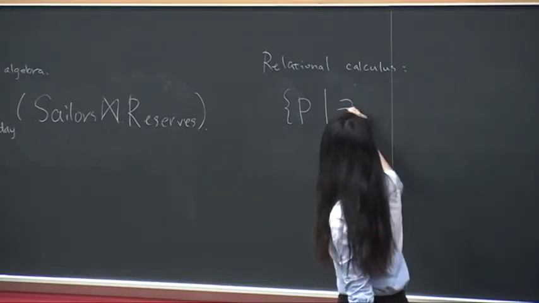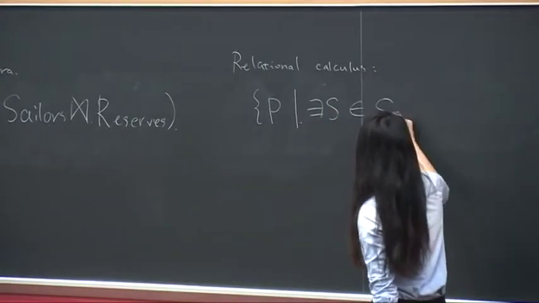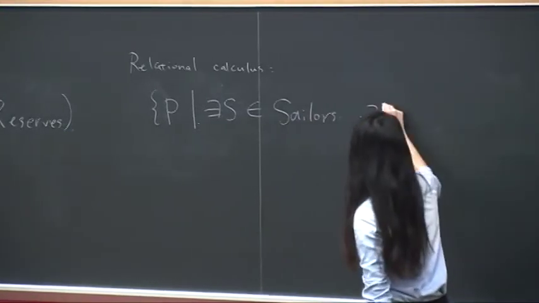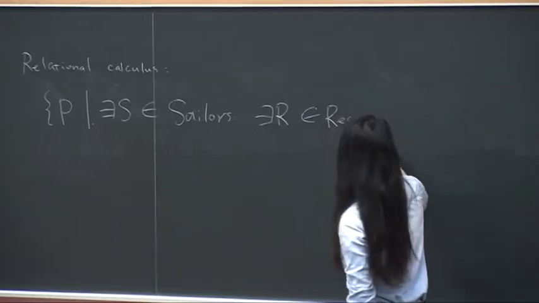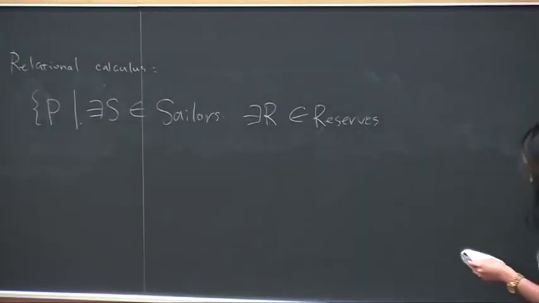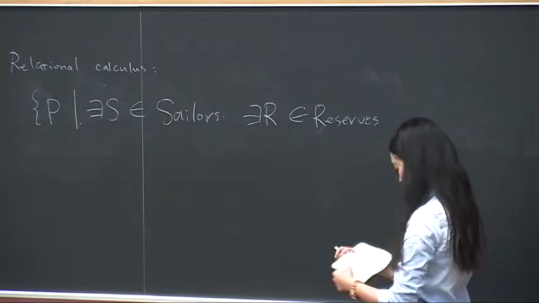There exists S that is in sailors, there exists R that is in reserves. Okay. How should we work on the condition?